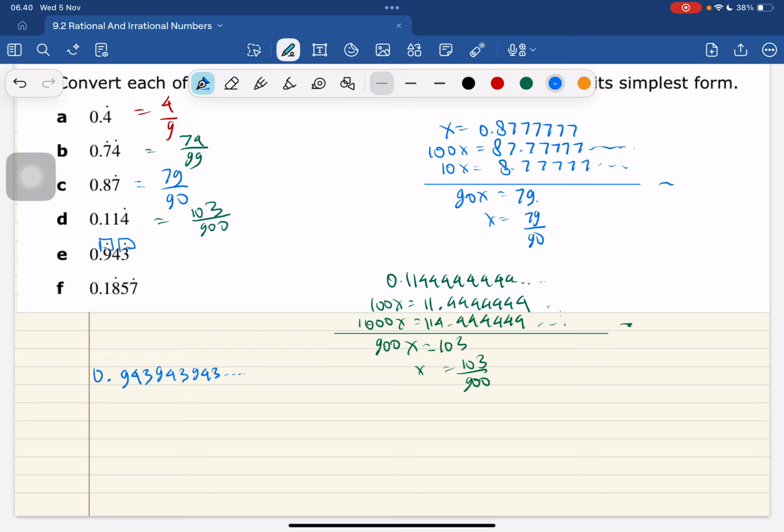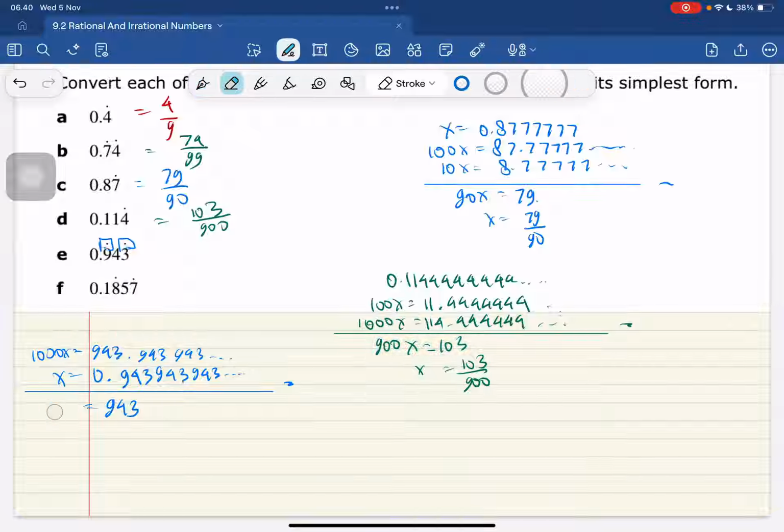So look at that, to make this point disappear, x is equal to, so let us make it 100x equal to 943.943 unlimited. So we cancel the decimal number, it's going to be 943 equal to 99x.